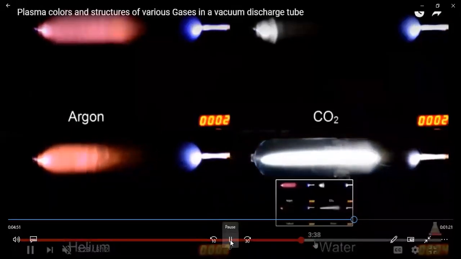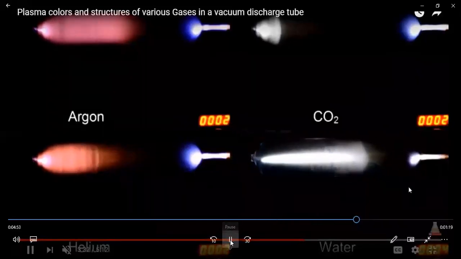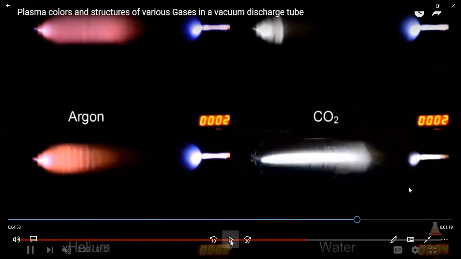You can see we are increasing the applied voltage. Now in this case, the incident electrons are not used, but the voltage is used to cause the ionization of these gases.